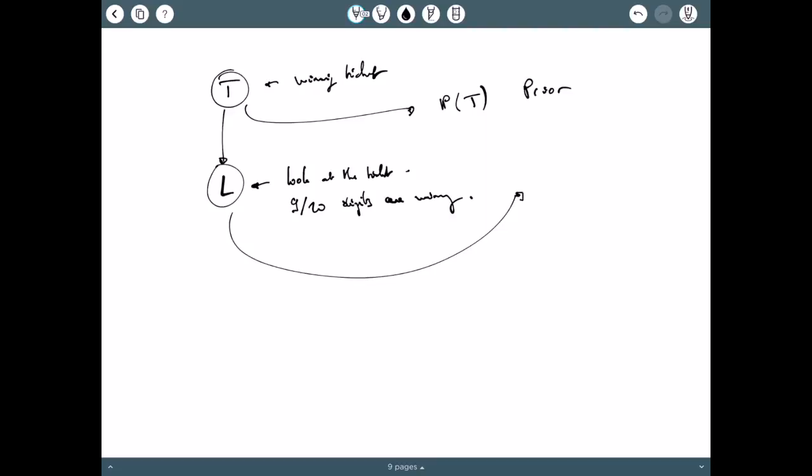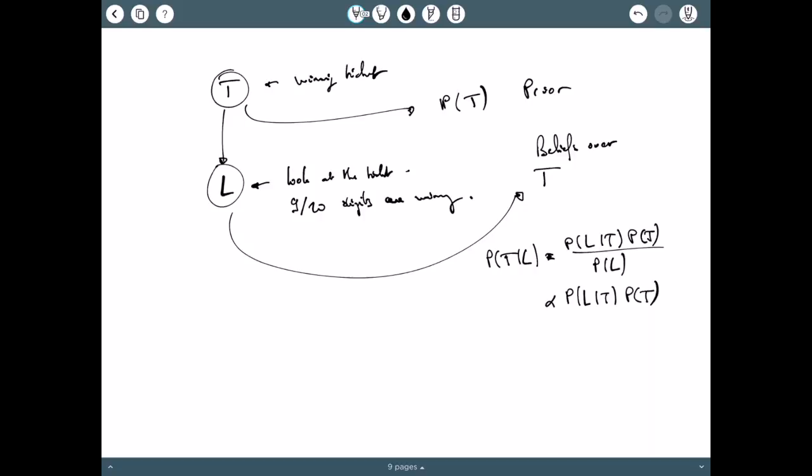Now, if you know some information about your ticket, your beliefs over T will change. And the way you can make them change, and that we will see later in the class, is just by using Bayes' rule. So remember that P of T given L is nothing more than P of L given T times the prior divided by P of L. And here all you need to do is compute this product.